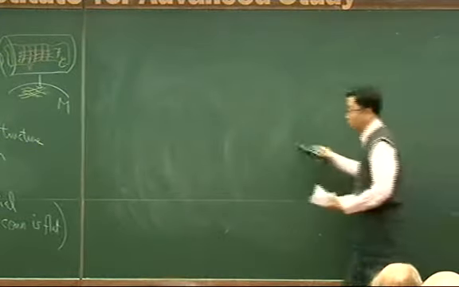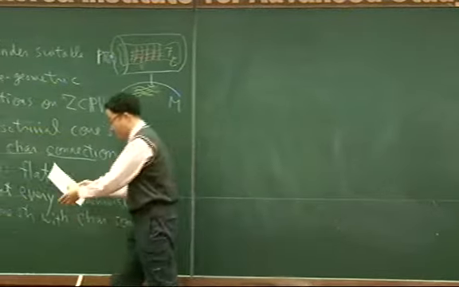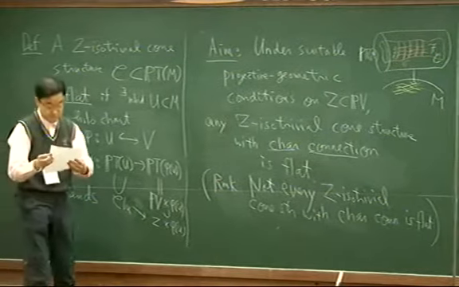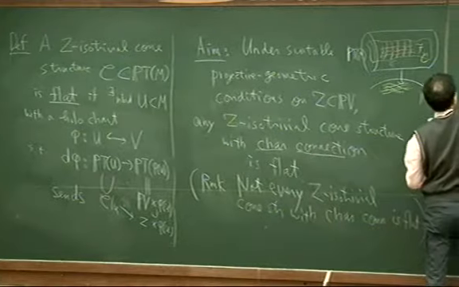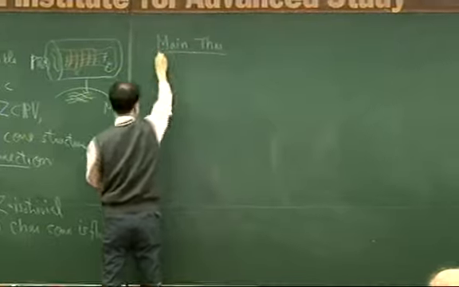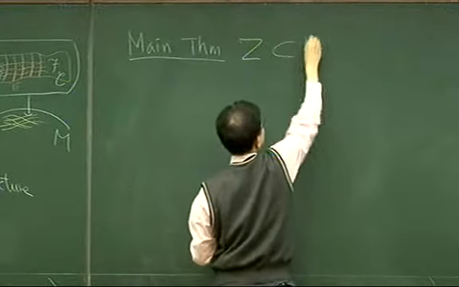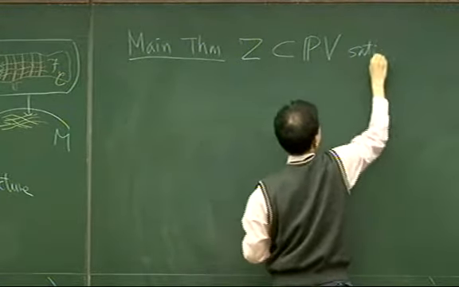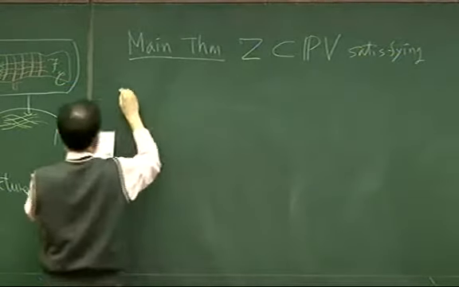So let me state the main theorem, then you can see what kind of result we are talking about. Okay, here's the main theorem. Z is a projective submanifold satisfying the following four conditions.